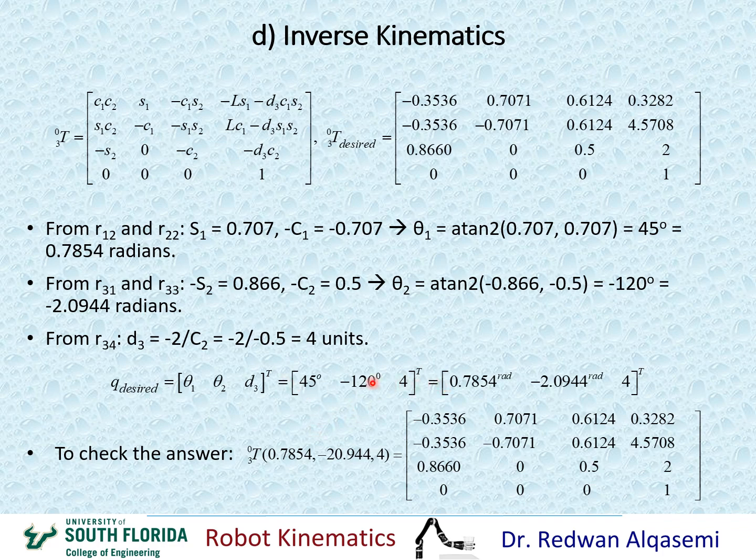Now, just to go backwards and check my answer, if I plug these theta 1, theta 2, and D3 into the matrix that we found from forward kinematics, I should be able to find the desired transformation matrix. So I plug in T03 from here, substitute theta 1, theta 2, and D3 by their values, and sure enough, I got a matrix that is exactly similar to this matrix.